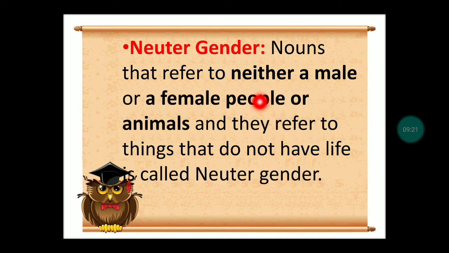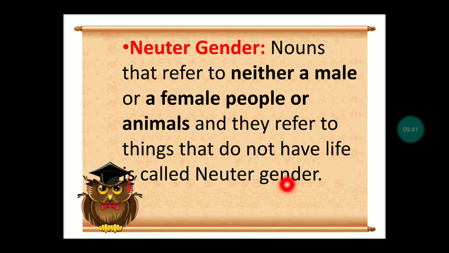Again I read this: nouns that refer to neither a male person nor a female person or animal, and they refer to things that do not have life, is called neuter gender.